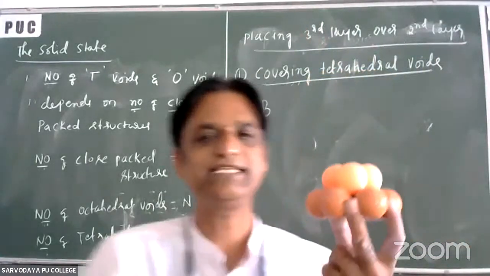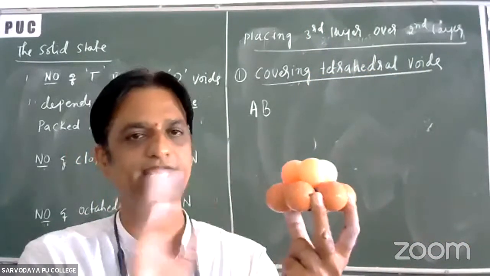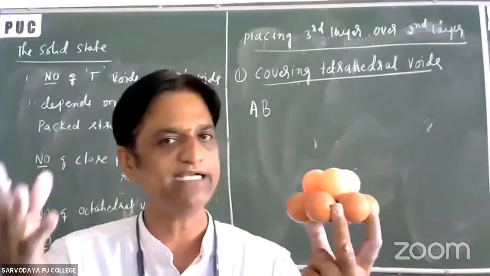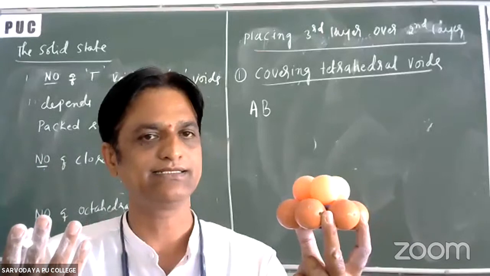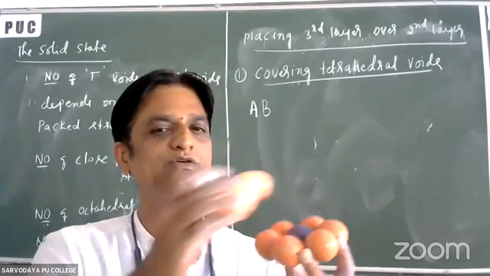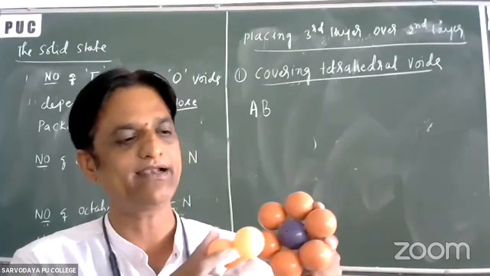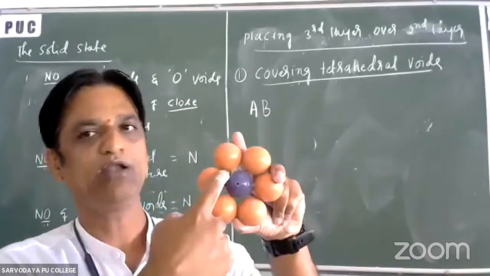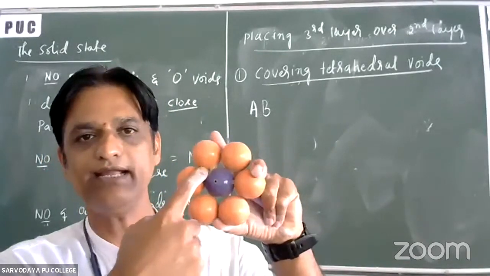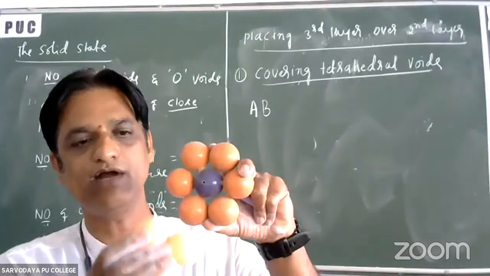So when the second layer is placed over the first layer, as I said, two types of voids will be generated. One is tetrahedral voids and another is octahedral voids. So when can you expect a tetrahedral void? Say this is a triangular void.